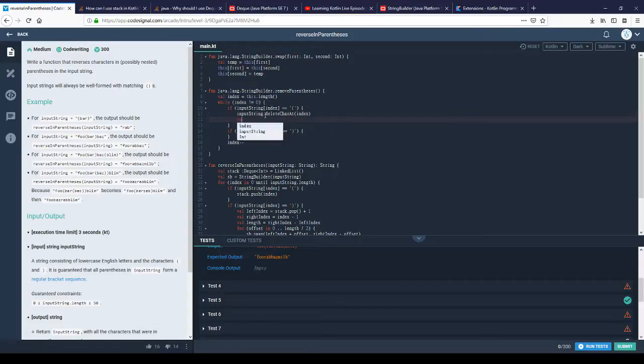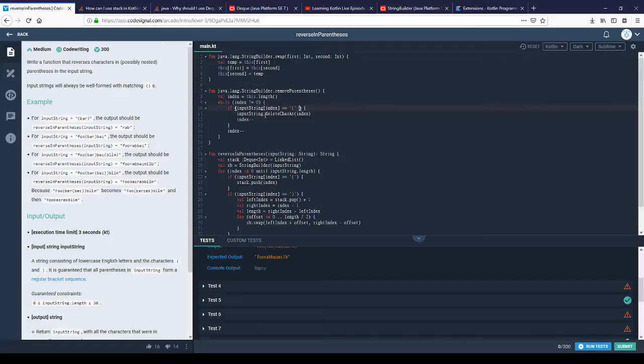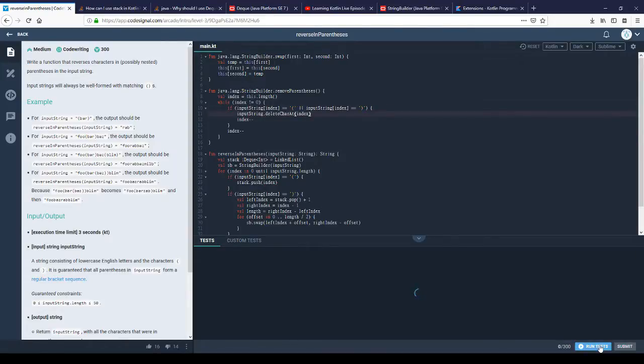And we need to remember to minus 1 for it. Oh, I'm not calling it, but let's check the syntax first.